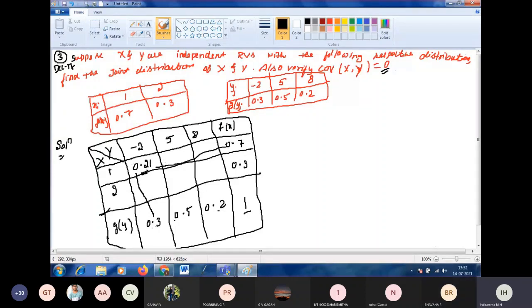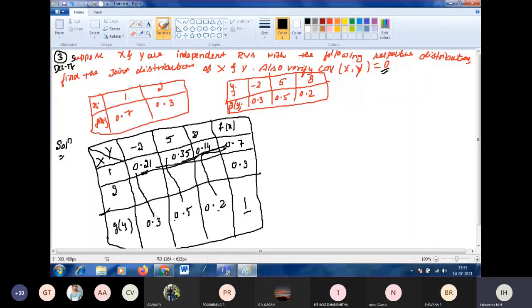What is 0.3 into 0.7? 0.21. Next, 0.5 into 0.7 is 0.35. Next, 0.2 into 0.7 is 0.14.